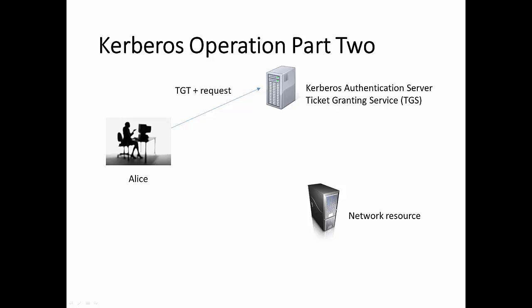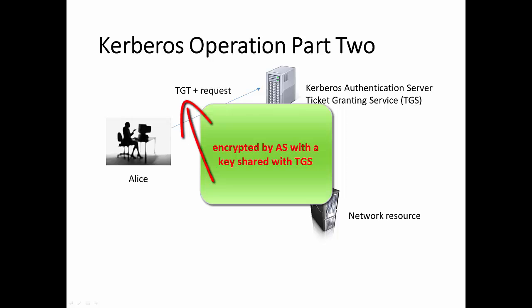Note that the ticket granting ticket was actually encrypted by the authentication service of the Kerberos authentication server, which used a secret symmetric key to encrypt it, and that secret symmetric encryption key was also shared with the ticket granting service element of the Kerberos authentication server.